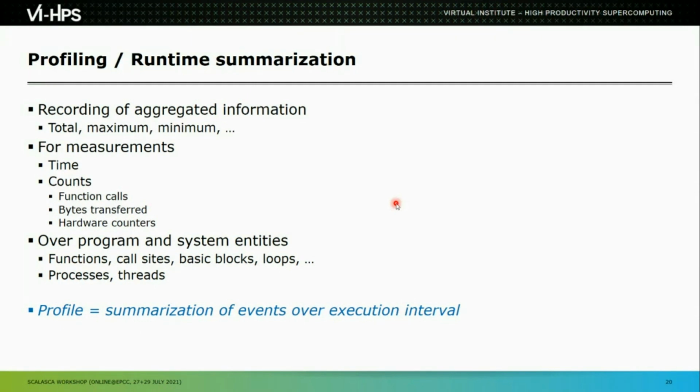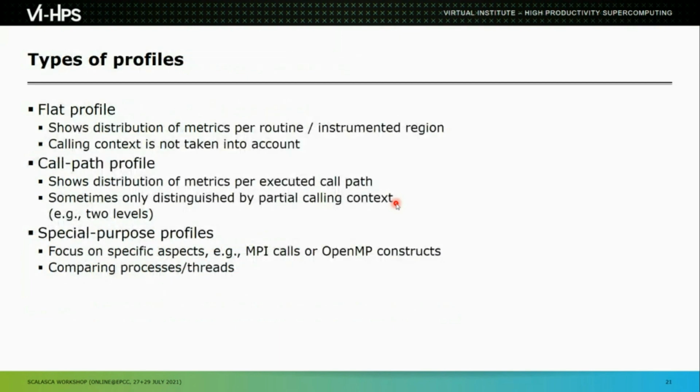And we'll also distinguish things per process and per thread. So this is a rather abstract summarization of the events, but it allows us to minimize how much data we're collecting, and therefore minimize how much memory and how much data we need and process during the measurement itself and after the measurement has been completed.